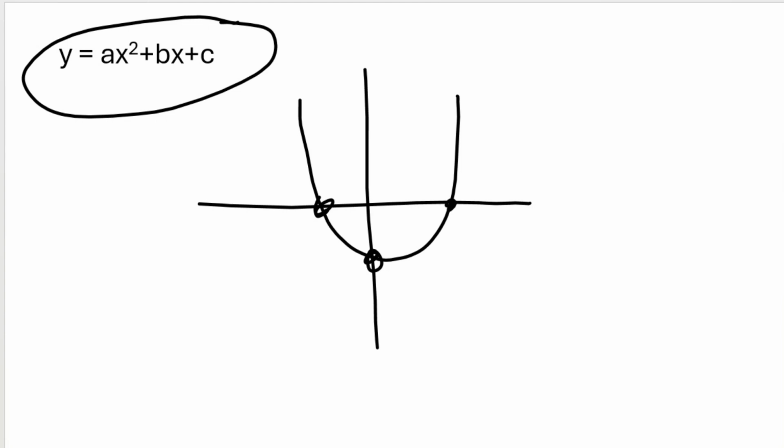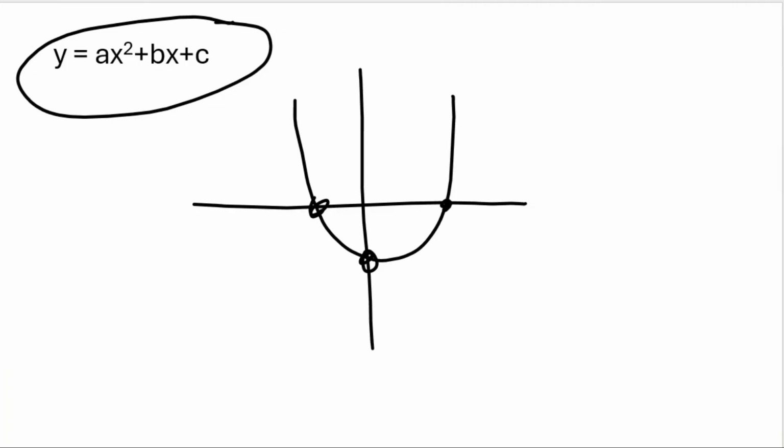And so let's talk about the parts of this formula. You have x, you have y. So for every value of x you plug in, you're going to get a certain value of y out. The constant a, let's talk about that. So constant a is going to tell you the shape of the parabola, which direction it points. If a is positive, then your parabola will point upwards.